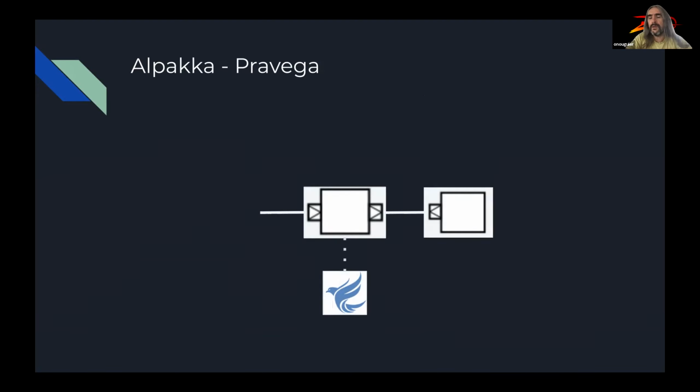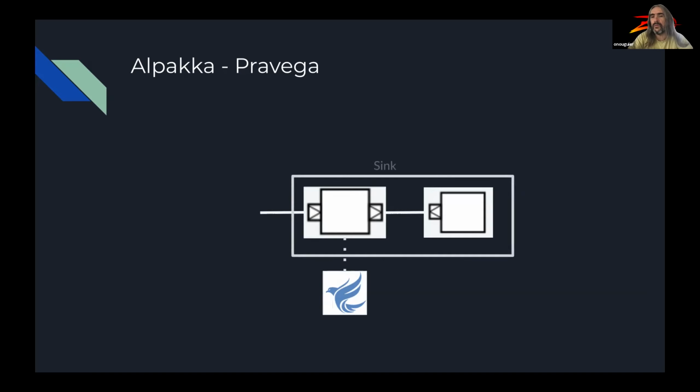So, just to illustrate the composition of the library, when we want to provide a sink from a flow, it's very easy. You have a flow, you add a sink which ignores the input, and then from a flow you build a sink.